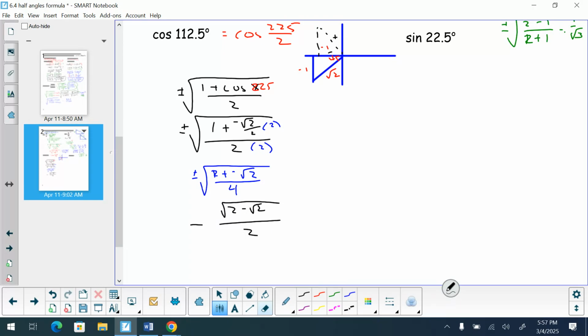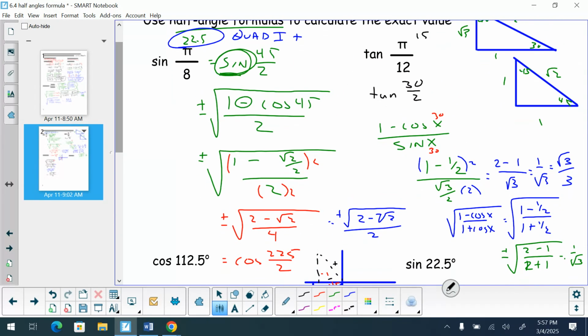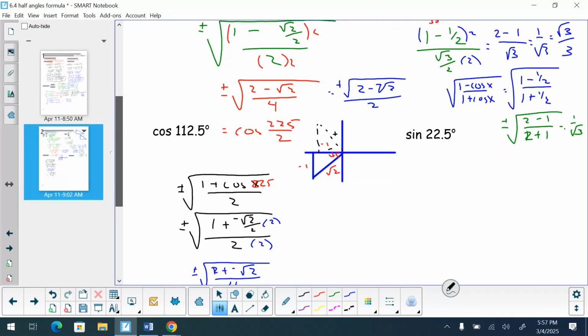And lastly, sine of 22.5. Rewrite it as what can we take half of? And you can refer back to the first one up here where we did cosine of 22.5, now we're just doing sine. So we rewrite it: 45 divided by 2.